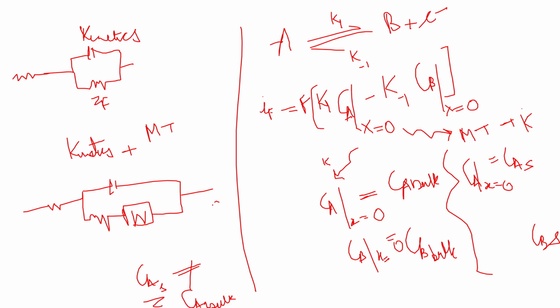If the reaction is progressing and A is getting consumed, Cas will be less than Ca bulk because it is getting consumed. Because the concentration at the electrode surface is different from that in the bulk, we say mass transfer effects are coming into play. Cas is the concentration of A at the surface, where S means the surface of the electrode, and bulk is the bulk concentration.